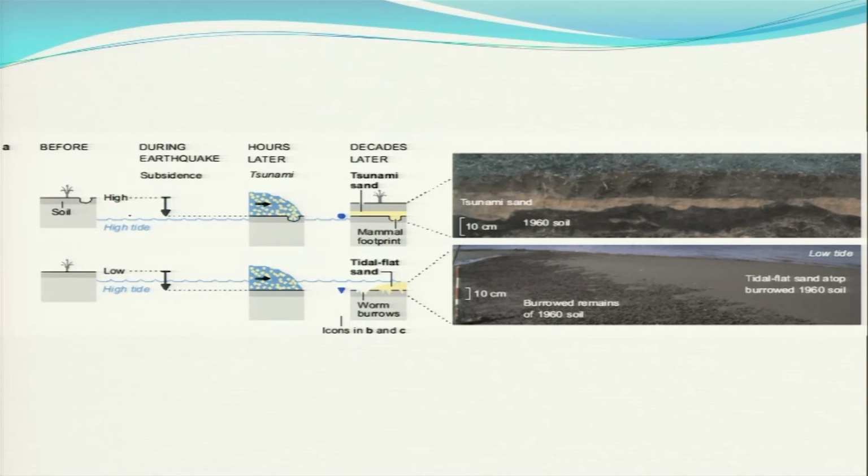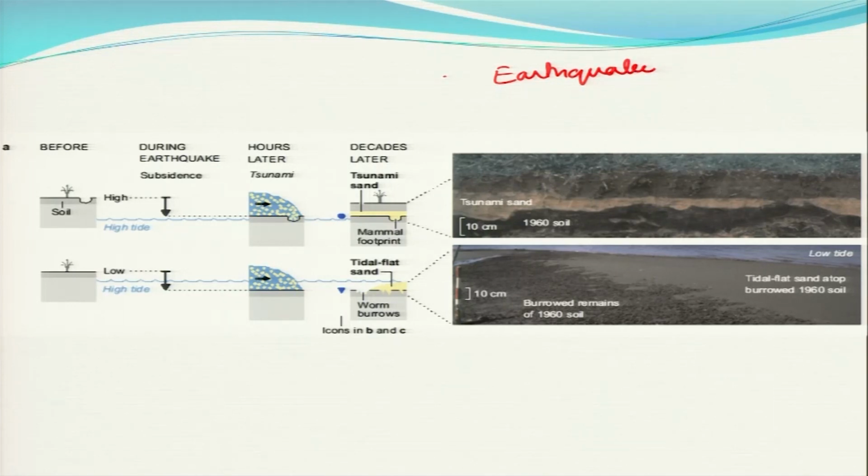So, the diagram here explains that you have soil here, then during an earthquake you have subsidence. For example, if the land goes down, then this level has reached here, and then the tsunami will come. So, first what you have is the earthquake.